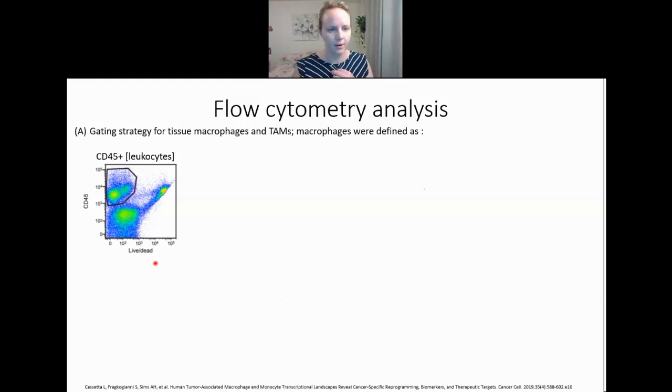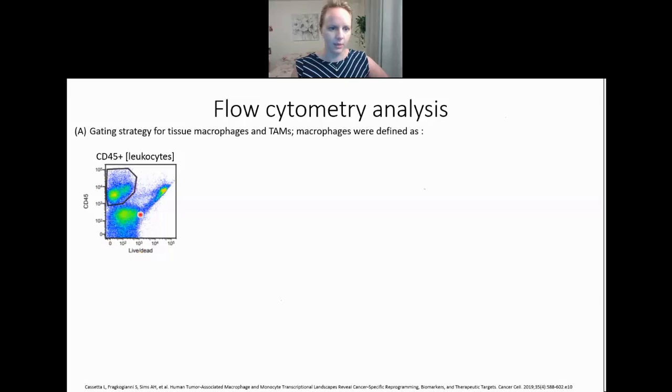Right. So these are log scale axes. The highest population here is CD45 positive. So they took that population. They also wanted the lowest absorbance of the dye that they used to look for dead cells.